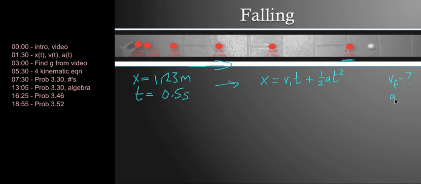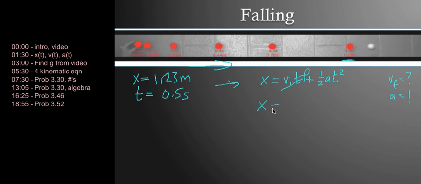But here we want to know what acceleration is. Here v initial, since it was being dropped, we're going to assume is 0, so we can ignore this term.